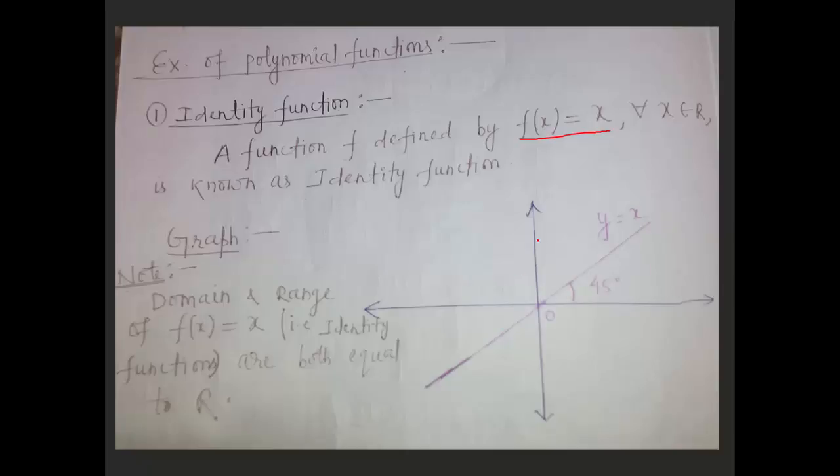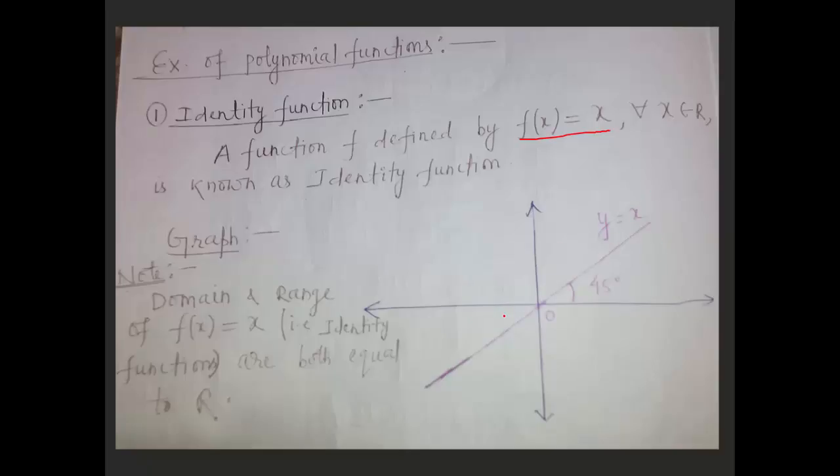So questions might come in examination. Find the domain and range of identity function or y = x. So how can you find the domain and range of any function? The domain is mainly for what values of x, y can be defined. If you take x = 1, then you can find the value of y. x = 2, you can find the value of y, or x = 7.9, you can find the value of y.